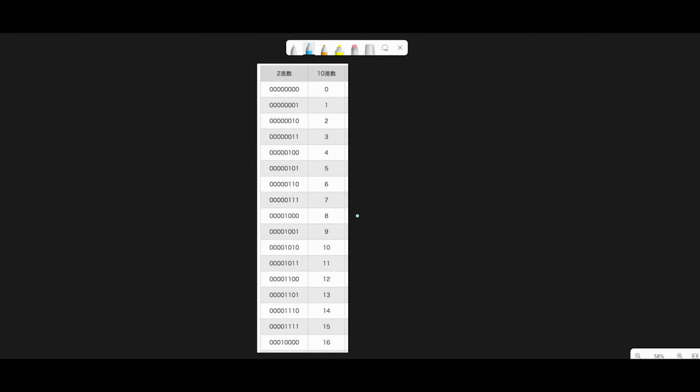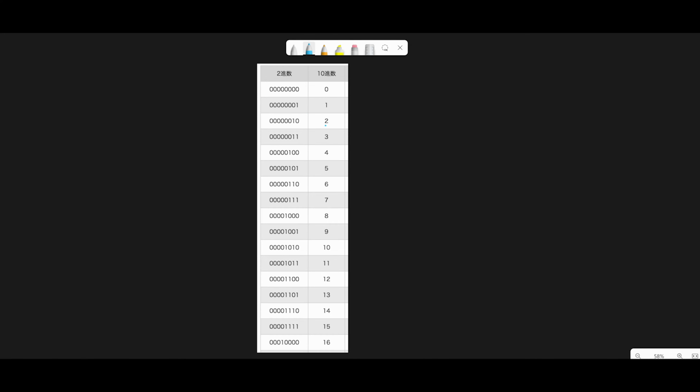But when we are between 8 and 15, we have to go back to 8, right? So at 8, go back to 0. When we are at 9, go back to 1, like this. So to solve this question, we should know when we go to the next digit.